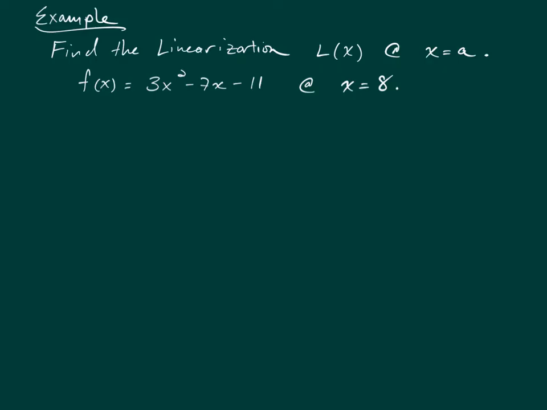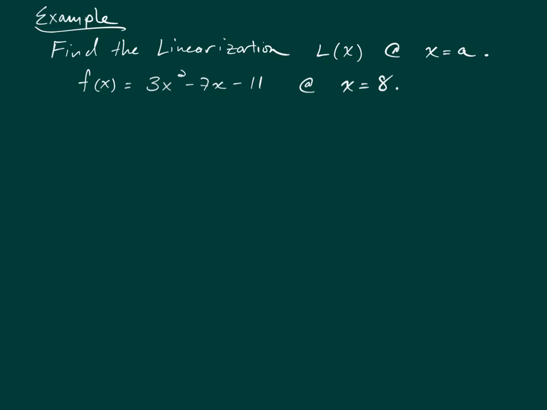So here in this example, we are asked to find the linearization L of x at x equals a. That is the direction. You have a function here, f of x equals 3x squared minus 7x minus 11, and we're trying to find the linearization of this function centered at, if you want to use the terminology, 8.